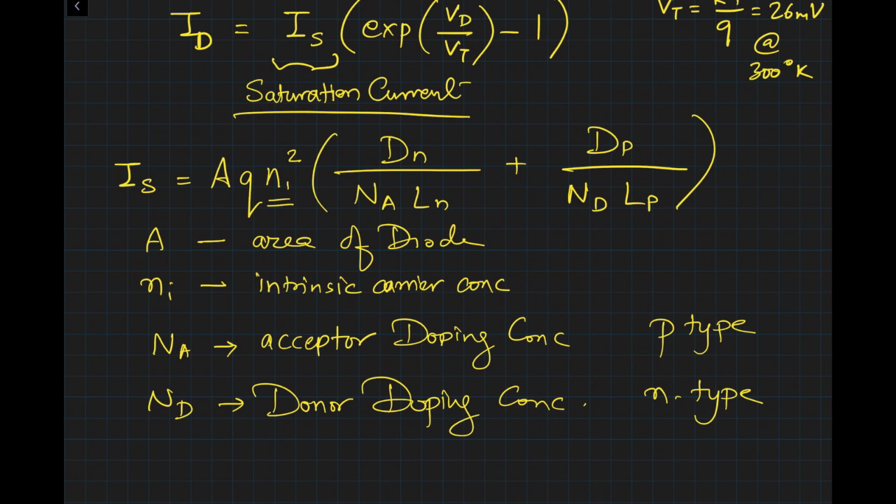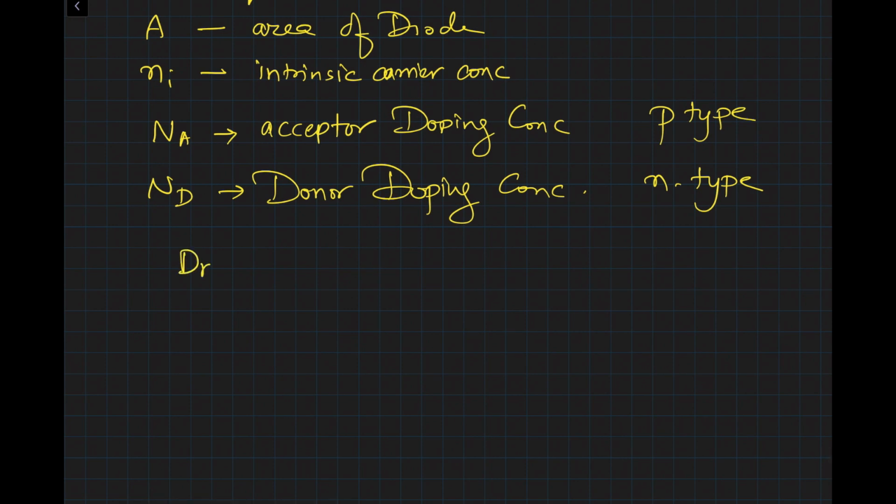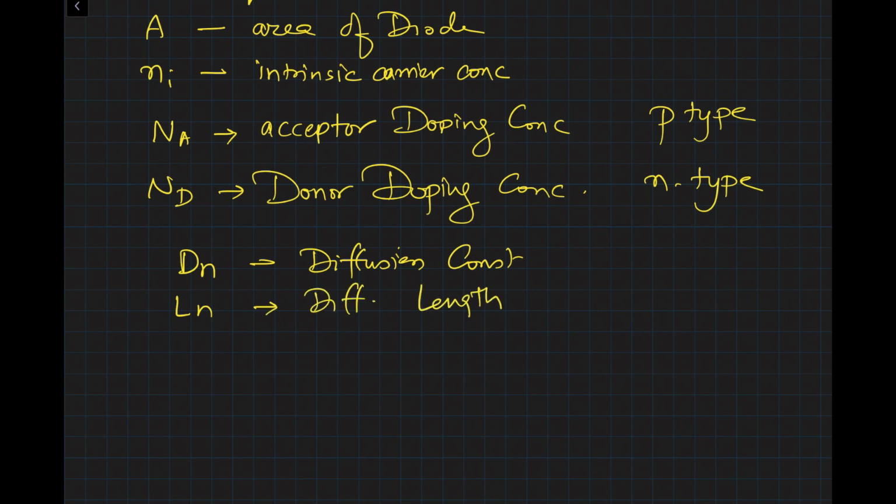Now, what is Dn and Ln? So Dn and Ln are related to the diffusion aspect of the transport. So for example, Dn is called diffusion constant and Ln is the diffusion length. And the way to understand that, and similarly you have Dp and Lp.